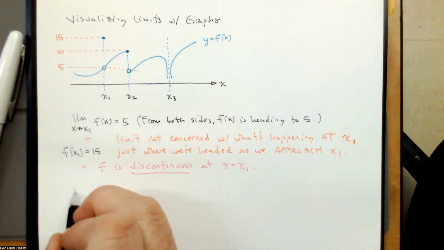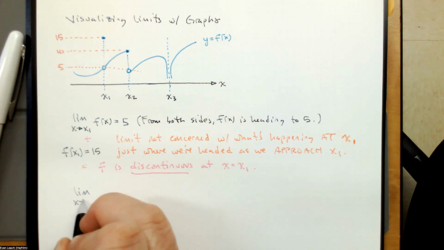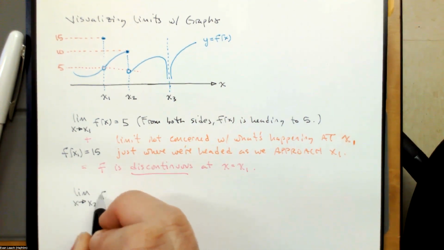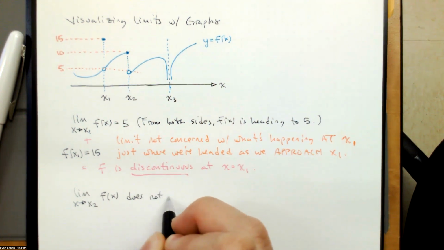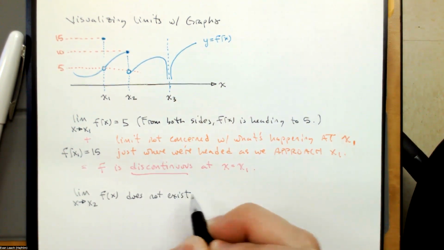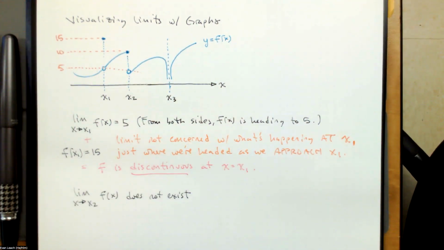So we'd say the limit as x approaches x2 of f of x does not exist. f of x is headed towards different values from either side of x2.